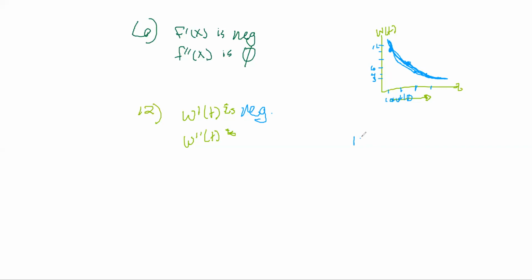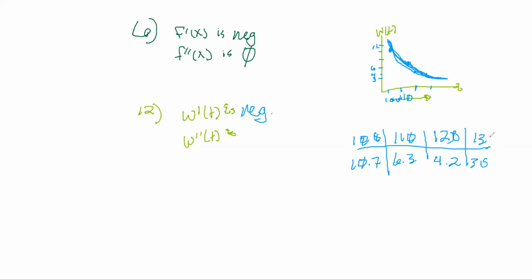Obviously this is a very sketchy looking sketch, but another way to look at it is, I have my table that looks like this: 10.7, 6.3, 4.2, 3.5. T is increasing the same amount every time. The difference between these is approximately 5, 4.4, 2.1, 0.7, and 0.2.